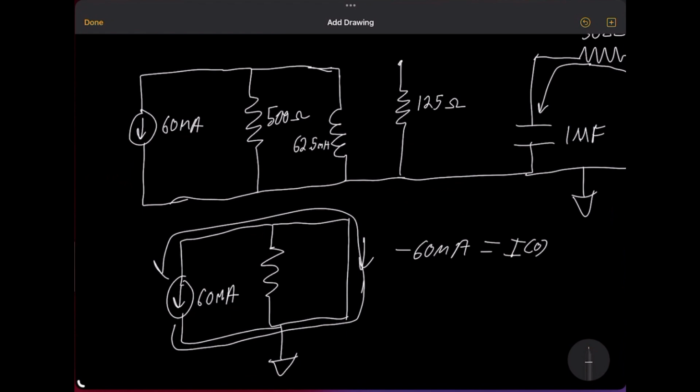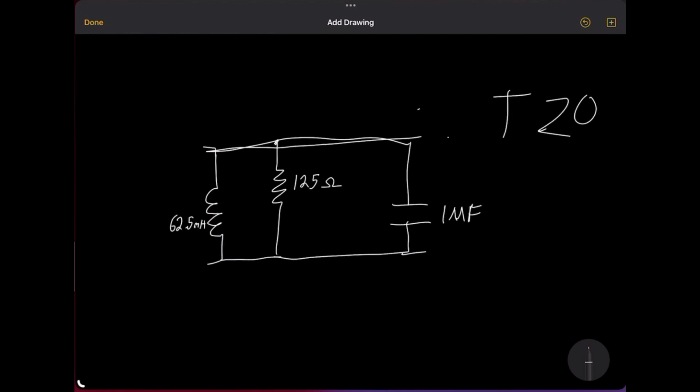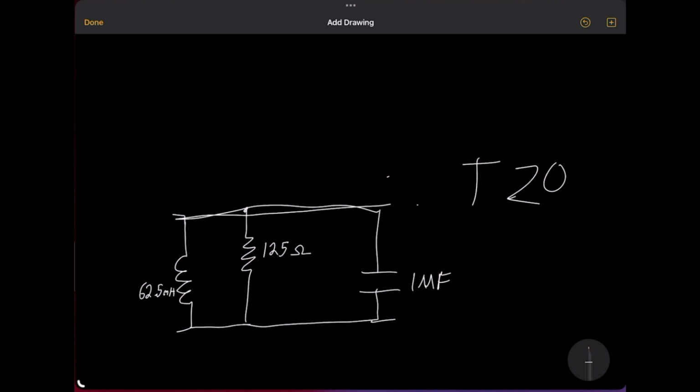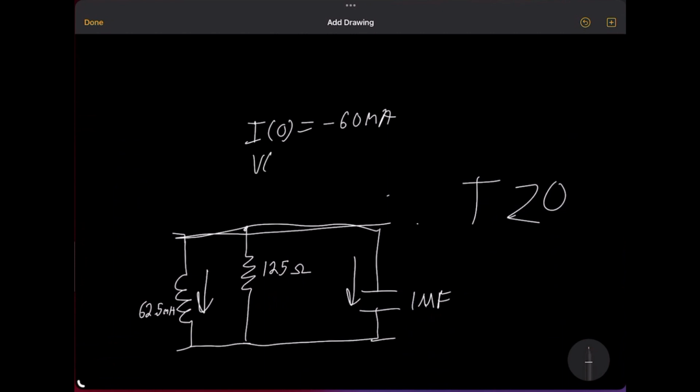Okay, so let's go down to this one. Let's write negative 60 milliamps. For reference, it's going down. We got 15 volts.